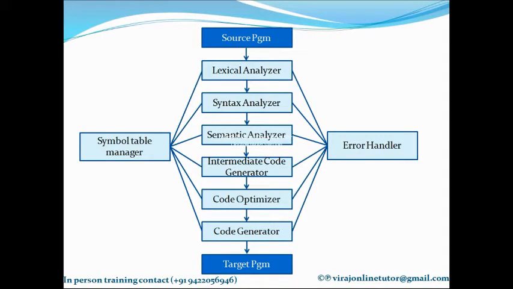For example, 2.25 multiplied by 2, the answer is 4.5, which is again a real type, right? So 2.25 is a real, but 2 was an integer, so the integer was converted to real and real multiplication was done. So the semantic analyzer is mainly involved with type checking of the operands for respective operators.